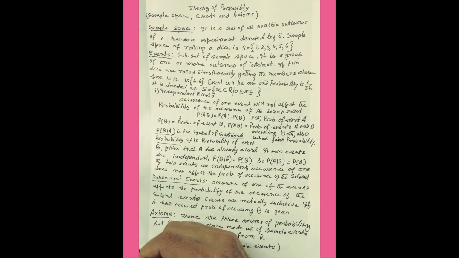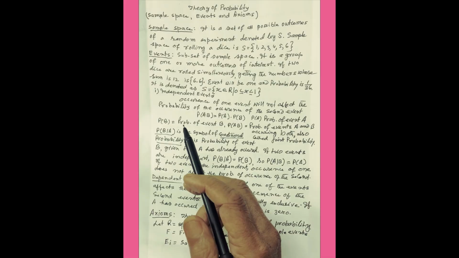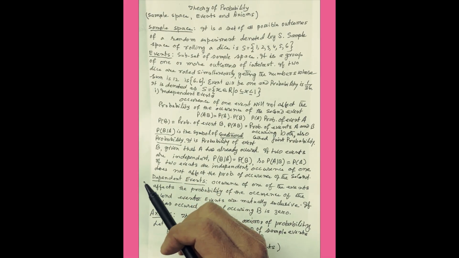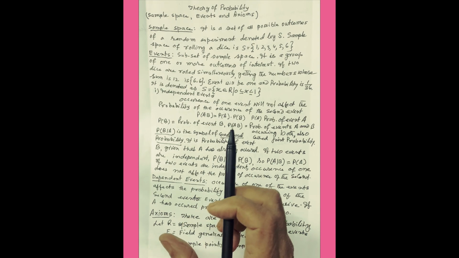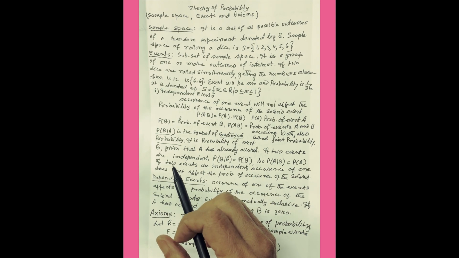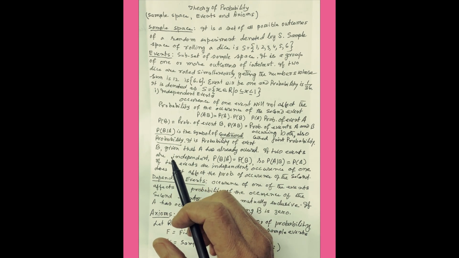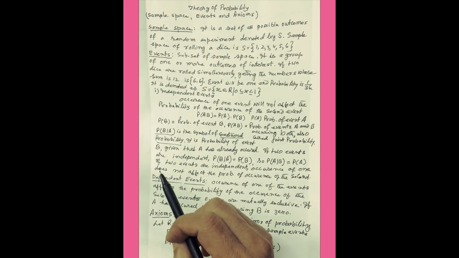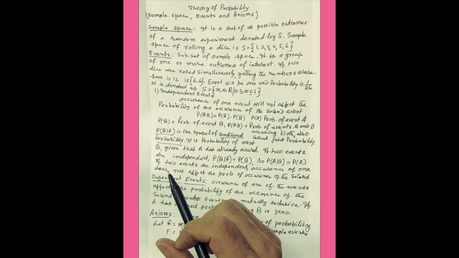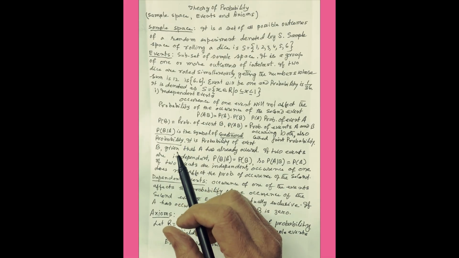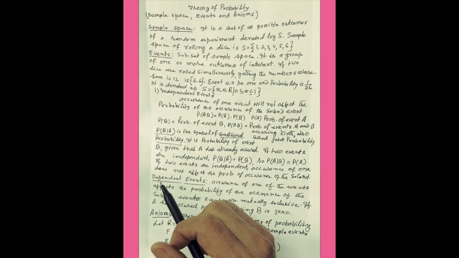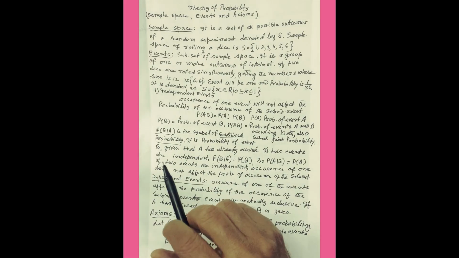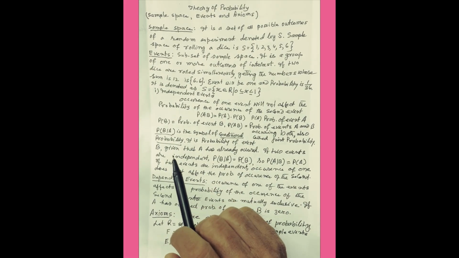Now events. These are a subset of the sample space. So events are within the sample space. An event is a group of one or more outcomes of interest, or we say, favorable cases.